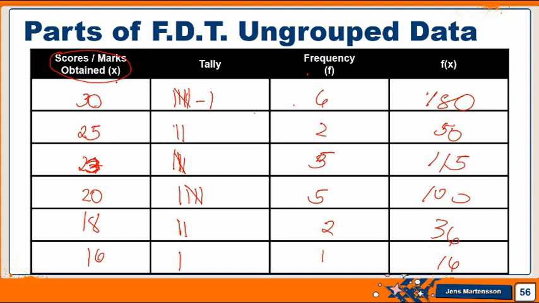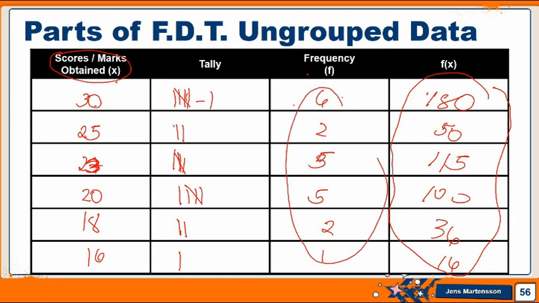Kapag frequency distribution table, madaling hanapin ang mean, median, at mode. Kapag mean, i-add mo lang to, divide mo sa total number nito, meron ka ng mean. Pag kailangan mo ng median, bilangin mo, you have 6. Hanapin mo lang din yung center. 6, 7, 8.